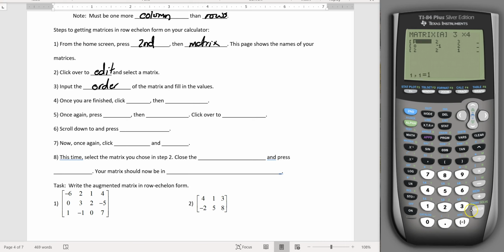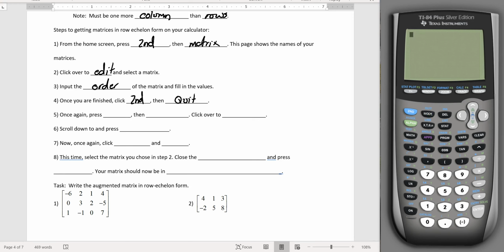I'm going to type in the values: negative 6, 2, 1, 4, 0, 3, 2, negative 5, 1, negative 1, 0, and 7. Once we're finished, click second and quit.